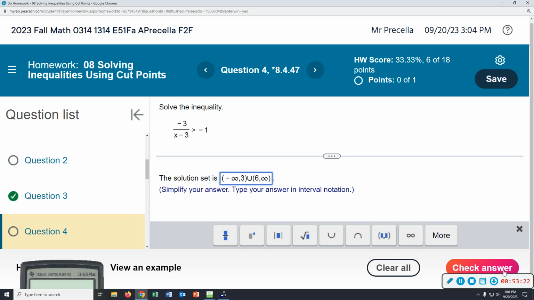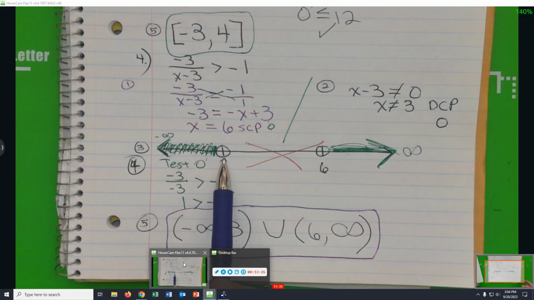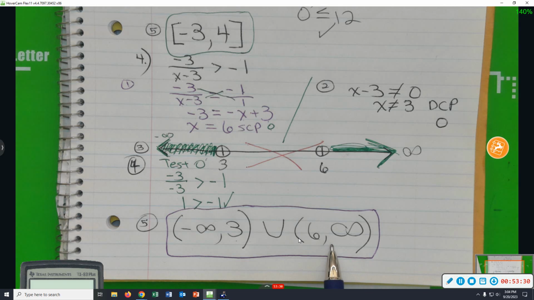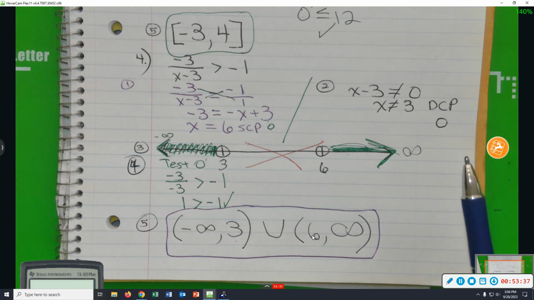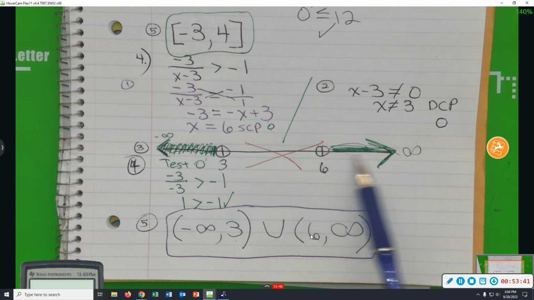This interval is saying every number to the left of 3 on the number line, not including 3, just the numbers to the left of 3. What is this interval saying? How would you express that in words? All the numbers to the right of 6 are bigger than 6? Yes.